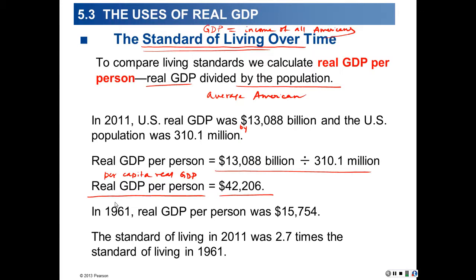So rather than look at the income of all Americans combined, we now divide by population to arrive at an average figure per person. Not every American, of course, makes this. Some make much less, and others make much, much more. Correct? But this is an average. Now, in 1961, real GDP per person was $15,754. Again, what kind of dollar is this?